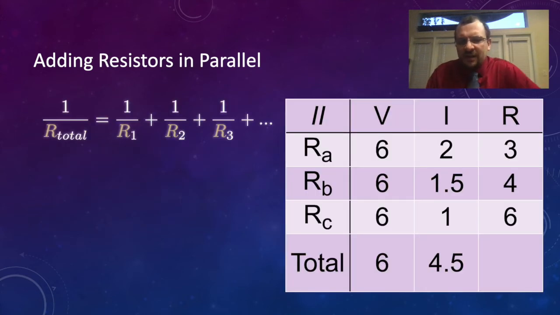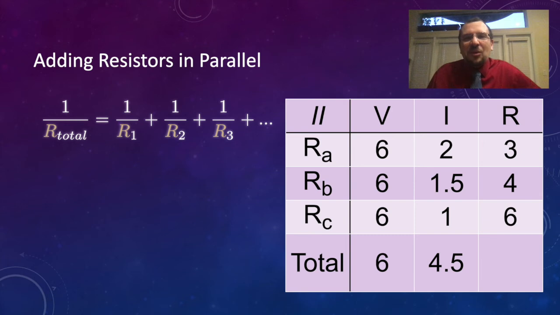So here we go with our circuit table and our equation for finding the total resistance. Now, you should notice that this is 1 over the total resistance. So we're adding in reciprocal and then taking the reciprocal.